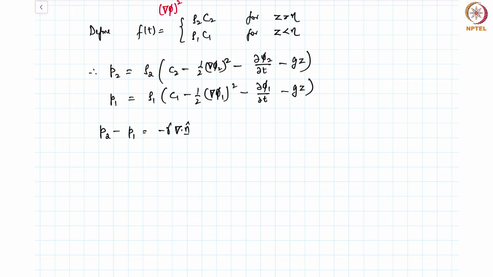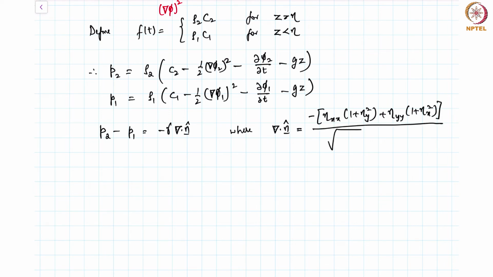This is what we want to evaluate, where this quantity del dot n, by the way, will be not for a flat interface, but when you have undulations of the interface, it will be in terms of eta. So that will be eta xx times 1 plus eta y square plus eta yy 1 plus eta x square divided by 1 plus eta x square plus eta y square whole power 3 by 2.